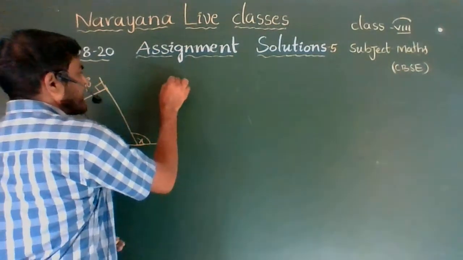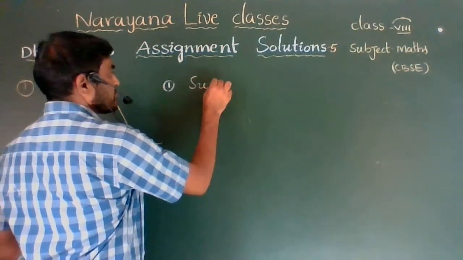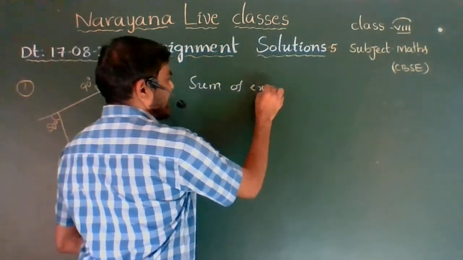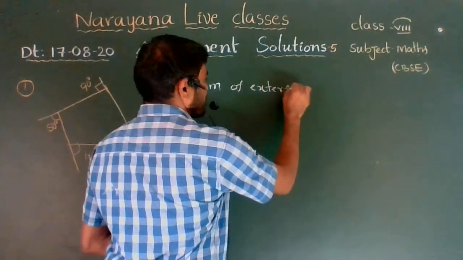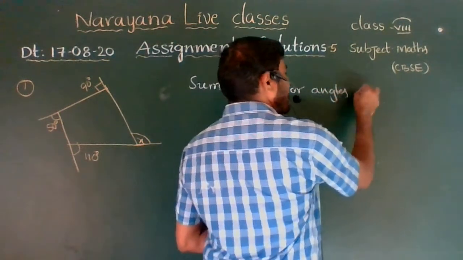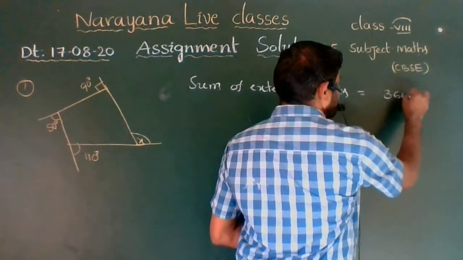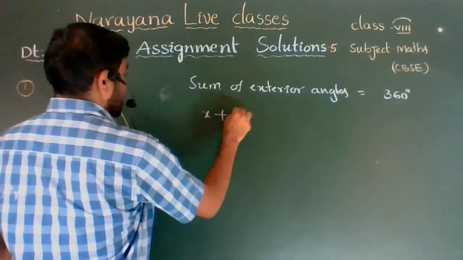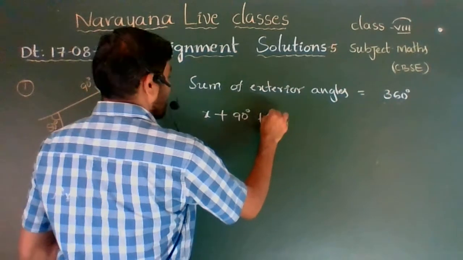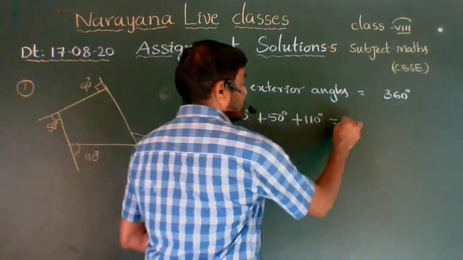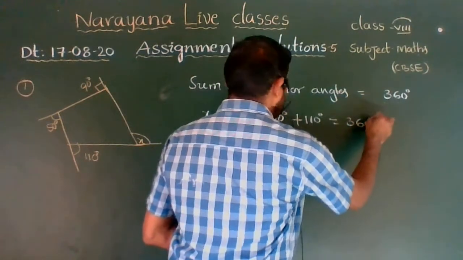The sum of exterior angles of any polygon is equal to 360 degrees. So from this, x plus 90 degrees plus 50 degrees plus 110 degrees is equal to 360 degrees.